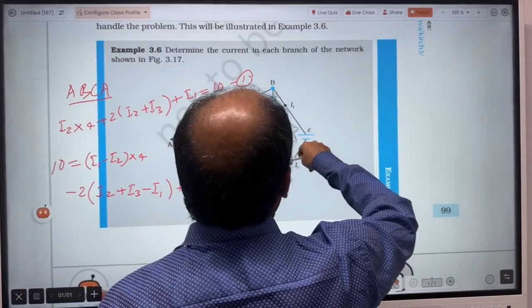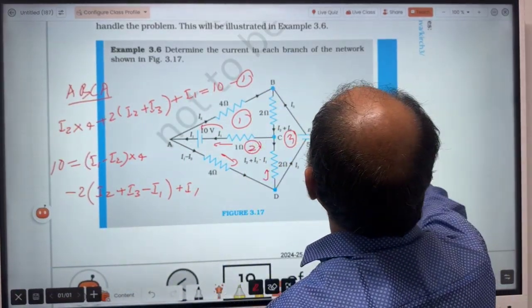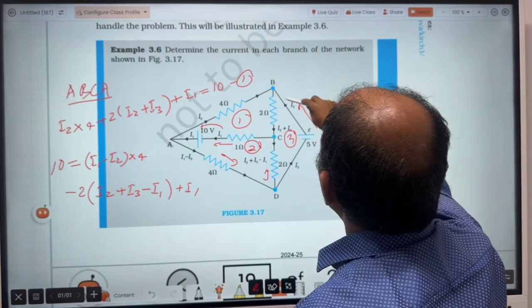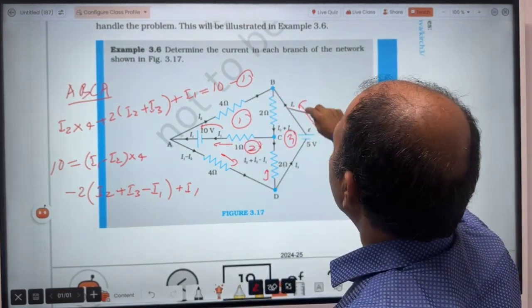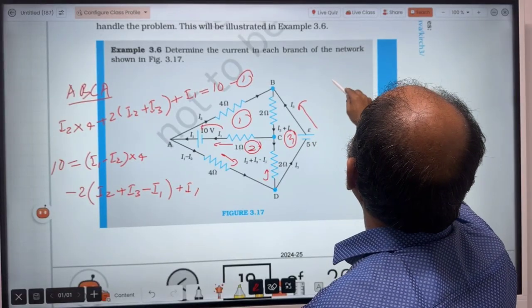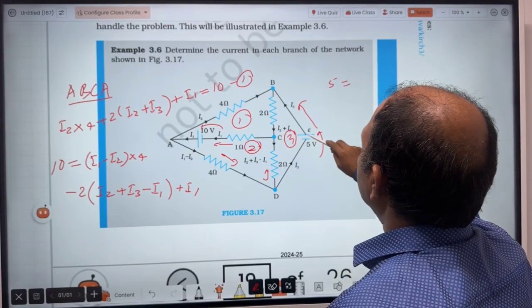Similarly, if you consider this third loop, you can move like this. Here there is no resistance, so you don't have to multiply. Just write 5 equal to, because you are reaching the positive plate of the cell.